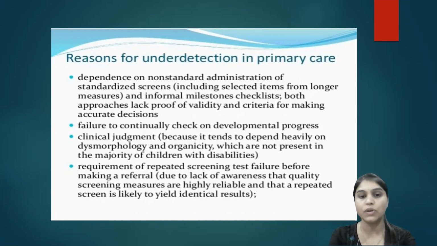Reliance on clinical judgment, because it tends to depend heavily on dysmorphology and organicity, which are not present in the majority of children with disabilities. Requirement of repeated screening test failure before making a referral, due to lack of awareness that quality screening measures are highly reliable and that a repeated screen is likely to yield identical results.